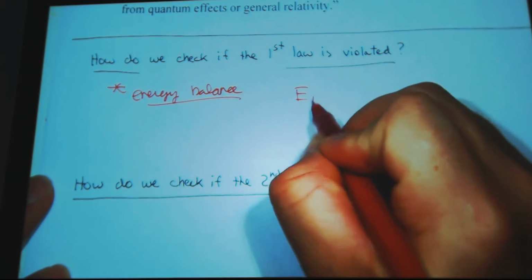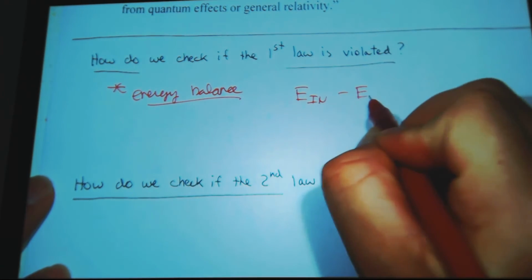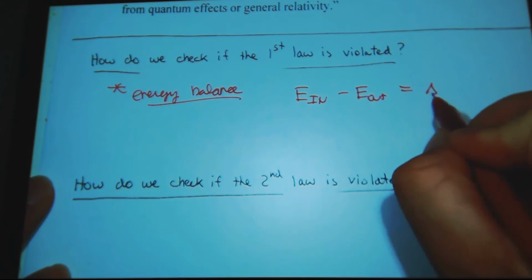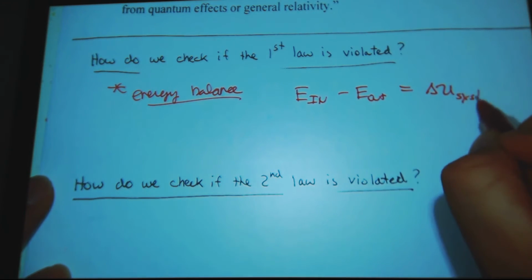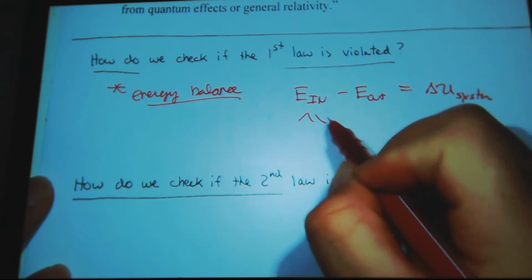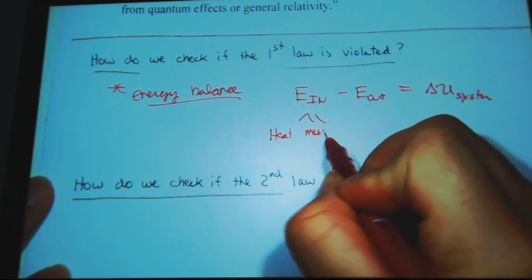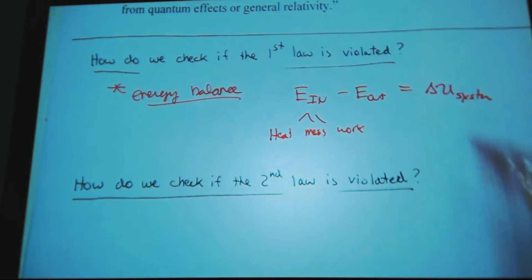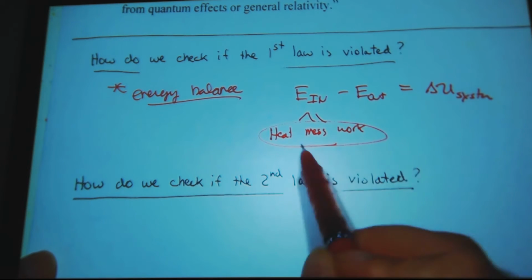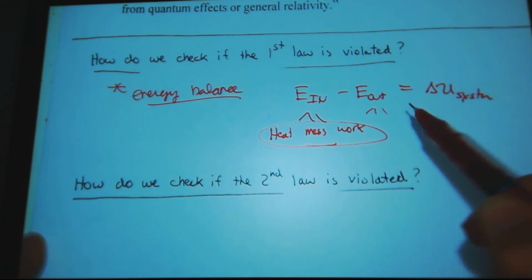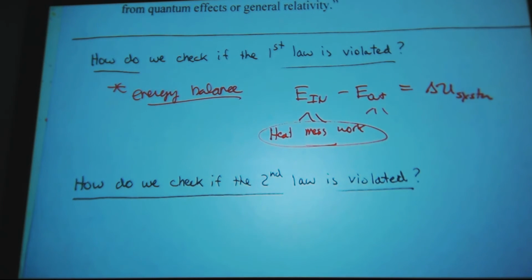So energy in minus energy out equals the change in internal energy in my system. And of course, each one of these is heat, mass, and work. Okay, so I have three forms. I can break up each one of these into three forms. And so there has to be a balance.